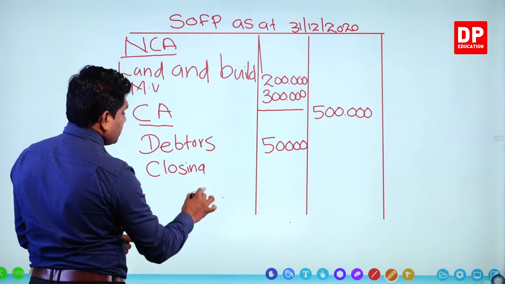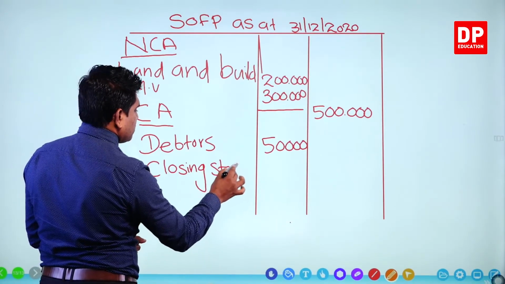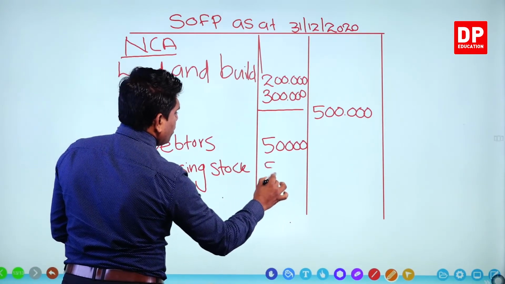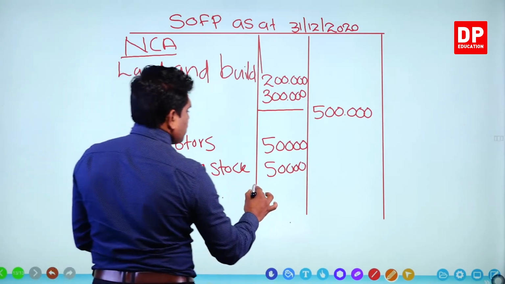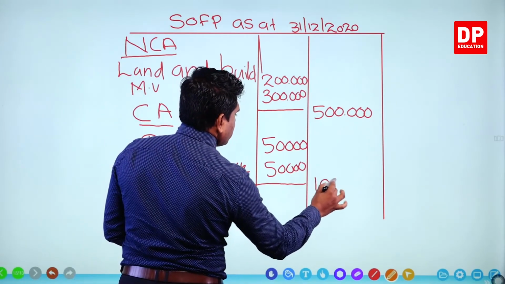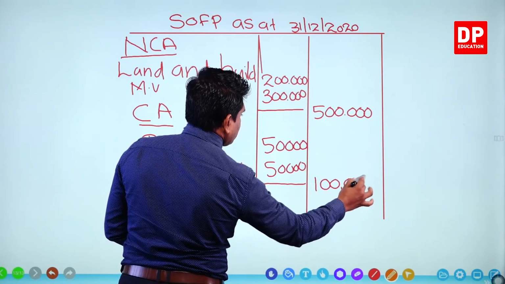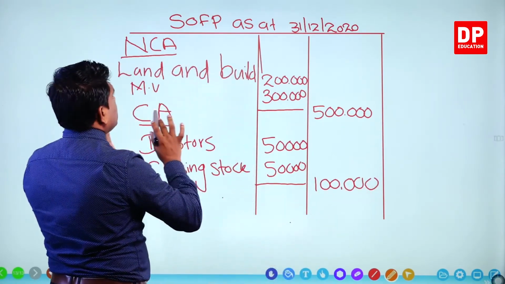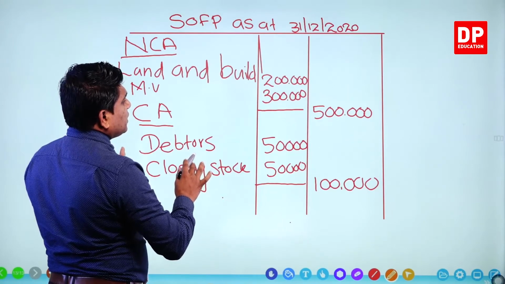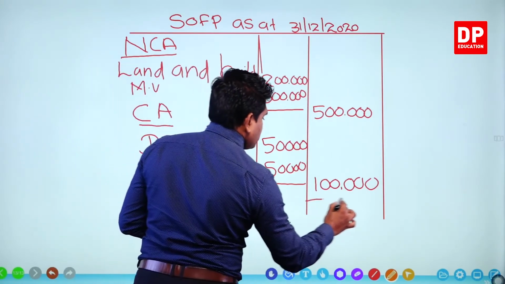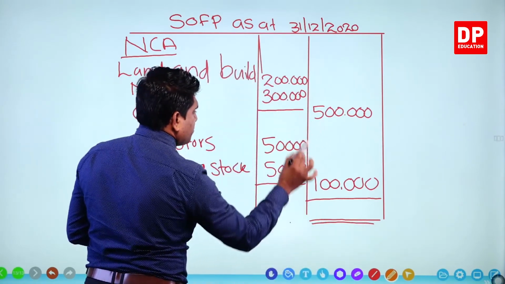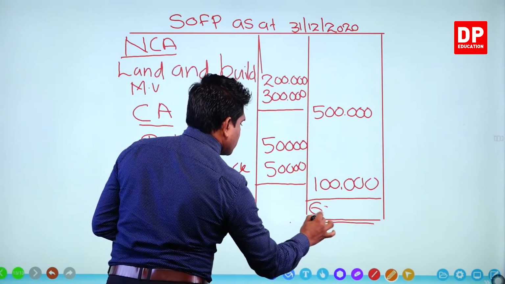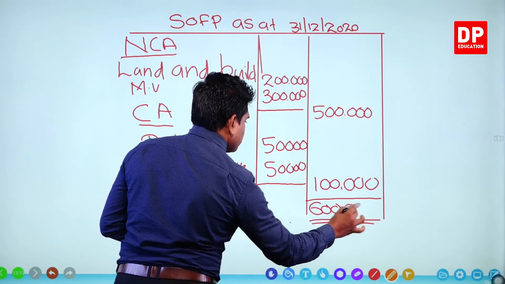Closing stock is remaining stock, end stock. That one also 50,000. How much the total of current assets? 100,000. Okay. Now remember, in this business, total assets value is how much? 500,000 plus 100,000, 600,000. That side finish.